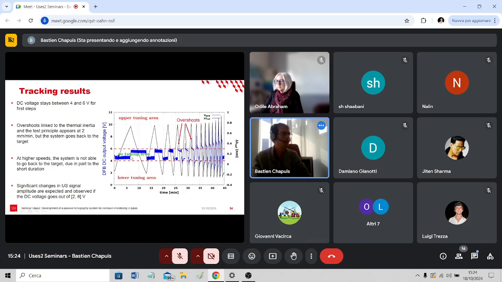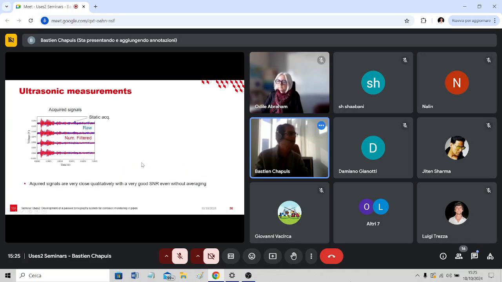So we have a tolerance with our PI tracking setup. But what we want to avoid is an oscillatory, uncontrolled setup.